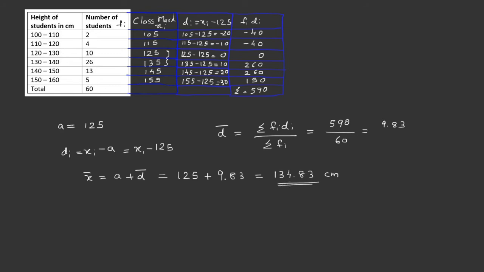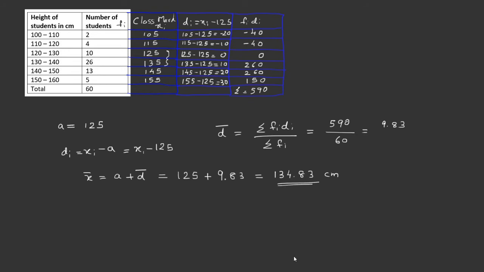We can see that the mean of grouped data calculated in this case by the assumed mean method is 134.83, which is the same as the mean we calculated by the direct method for this same case.